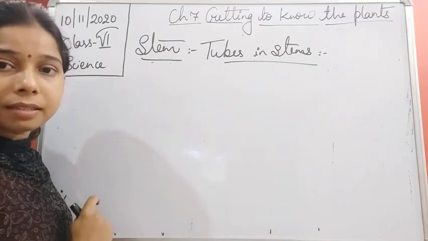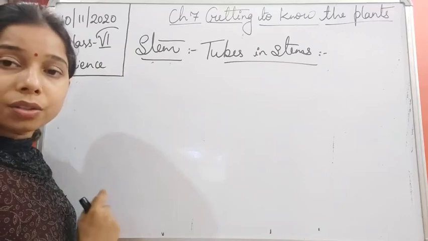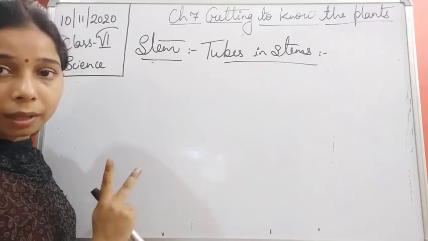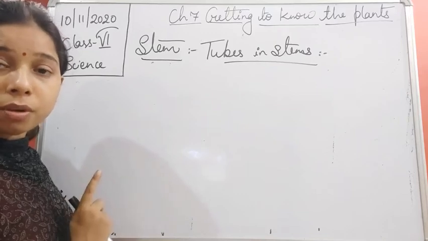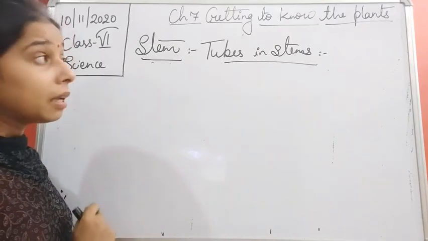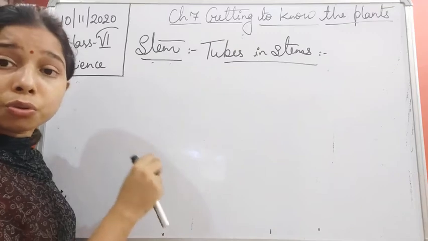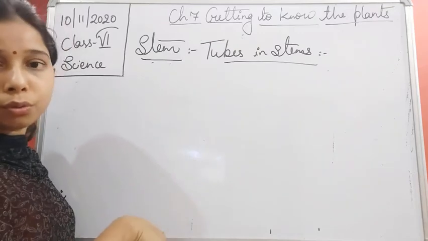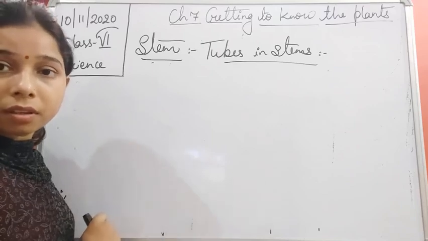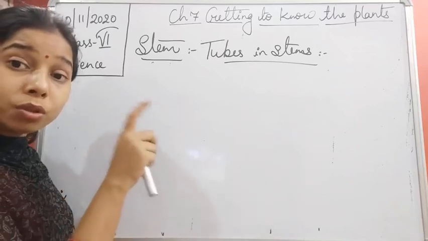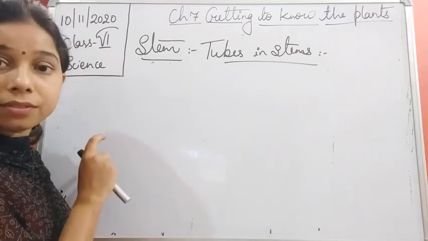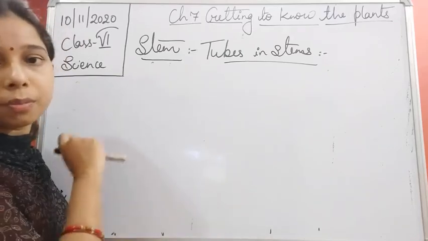On that basis, the tubes in the stem are basically of two types. One type of tube present in the stem is used to carry the water and minerals from the root to the leaves. And the other one is used to carry the food which is prepared in the leaves to the different parts of the plant body.